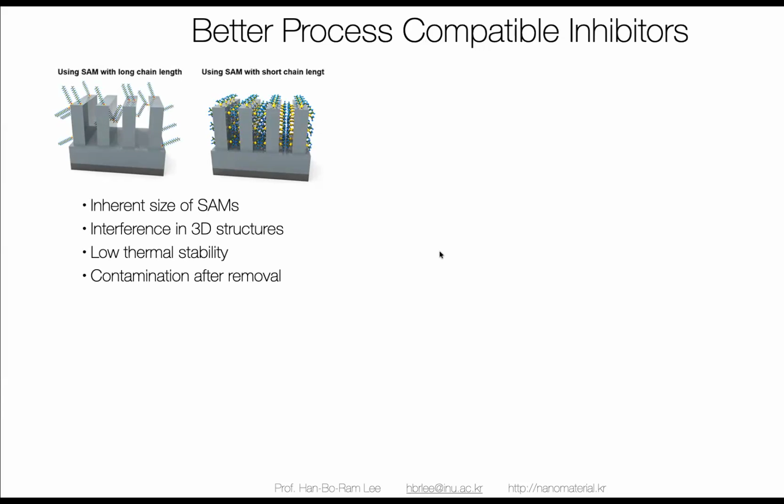We are talking about 2 nanometer technology. It's not actually 2 nanometers, but it's around 10 or 12 nanometers of minimum feature size. And then there is low thermal stability and contamination after removal. There are a lot of concerns for the silicon industry people.